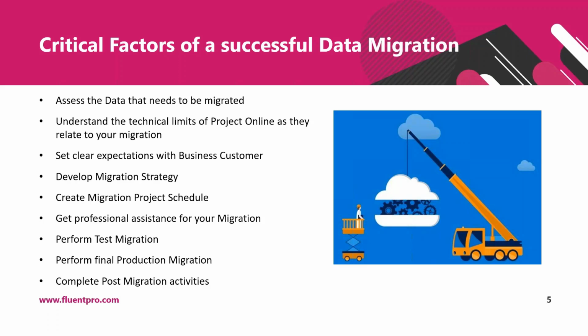These limitations come from limitations of APIs used by FluentBooks to download and upload the data. There also may be some customizations in your project server and other items that cannot be migrated to Project Online as is. Identify them during the test migration and see how to manage those exceptions.